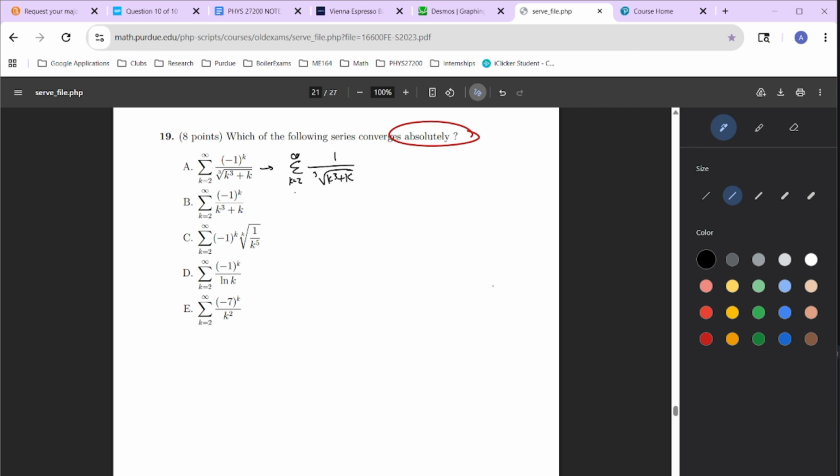Let's consider this at a very, very large value near infinity. If we have 1 over the cube root of k cubed plus k, where k is a ginormous number, well then k cubed is much, much bigger than k at that point. So much that this k cubed plus k can pretty much be approximated as k cubed.